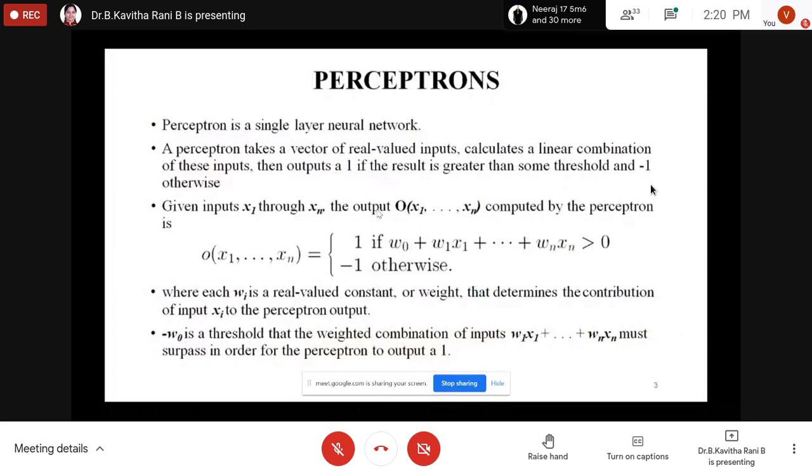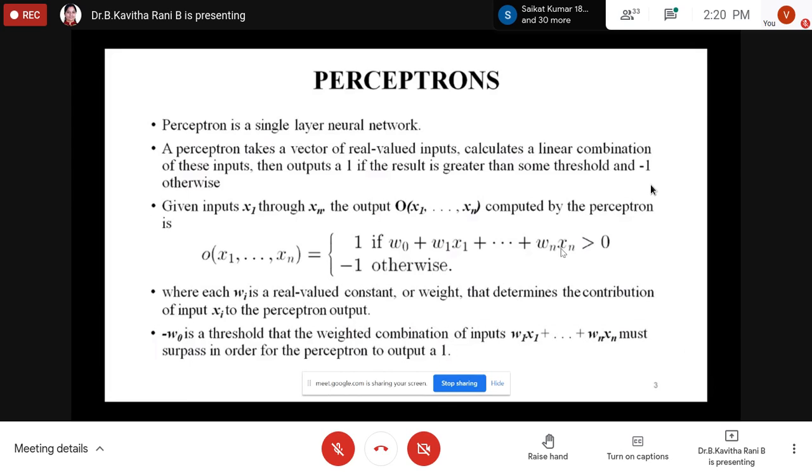Here you can see on the screen, the linear function is w0 plus w1 x1 plus so on, up to wn xn. These are nothing but input values with different weights. In this way we generate one linear combination. A linear combination is nothing but a linear classifier: some equation, some function generated with input values and weights.